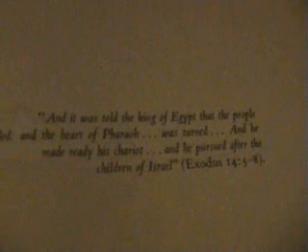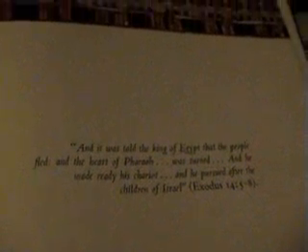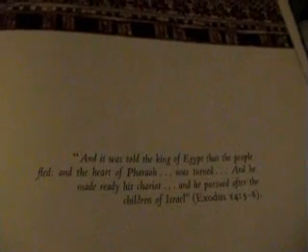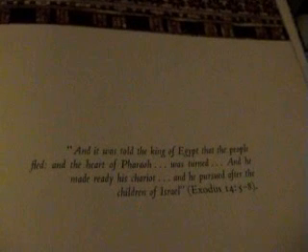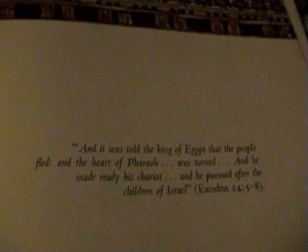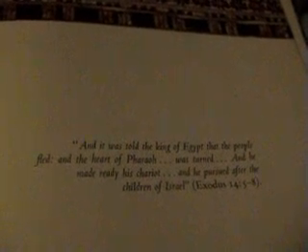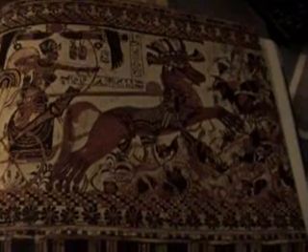And as it says here, it was told the king of Egypt that the people fled, and the heart of Pharaoh was turned, and he made ready his chariots and pursued after the children of Israel. Exodus chapter 14, verse 5 to 8. And the children of Israel, as you can see, are all black people that he's pursuing. He's not pursuing any white people there.